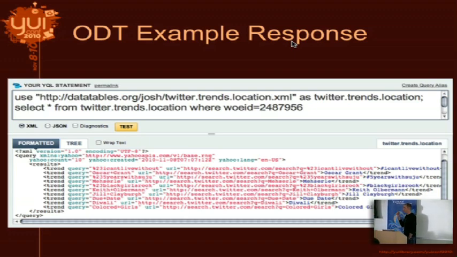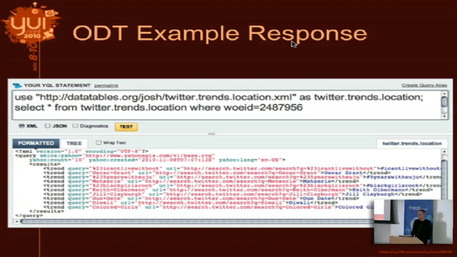WOEID, if anyone's not familiar with it, is Where on Earth ID. It actually comes from our good fellows over at the Yahoo Geo team. It gives a numeric ID to any point on Earth. I encourage everyone to go check out Yahoo Geo. It's a fantastically powerful thing. But in this case, that number up there relates to San Francisco.